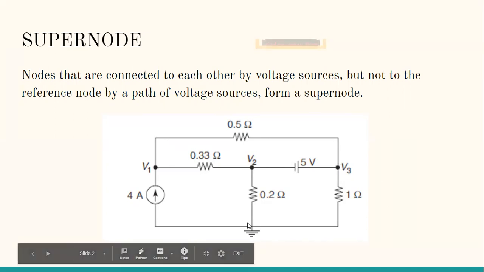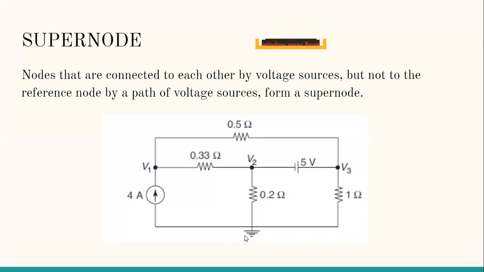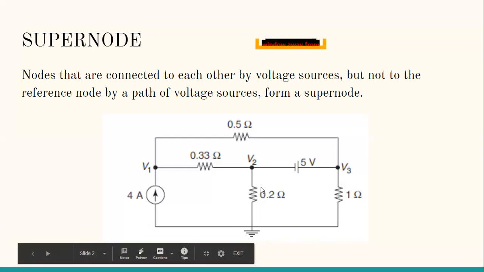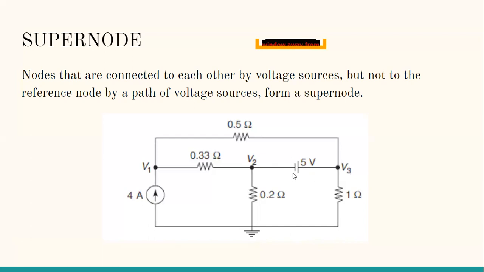One of these nodes, that is the fourth node, we have referred to as a reference node with zero voltage. Here we can observe that between node number 2 and node number 3, there is a voltage source present and no other component is present along with it. So here it is not possible to apply KCL directly because node 2 and node 3 together are said to form a supernode.